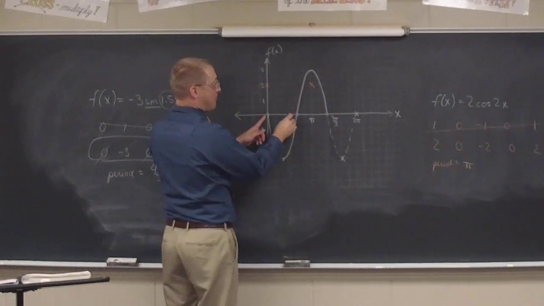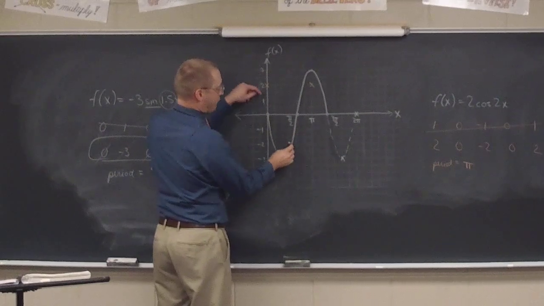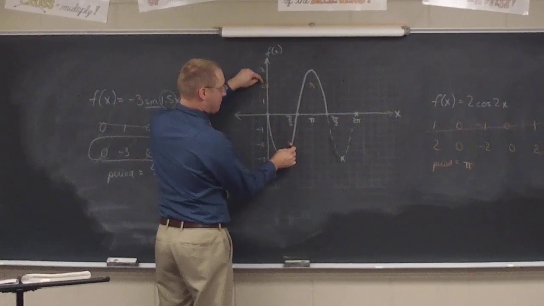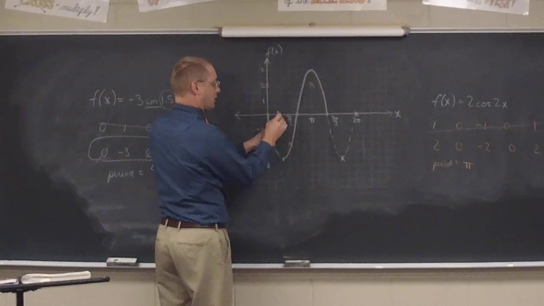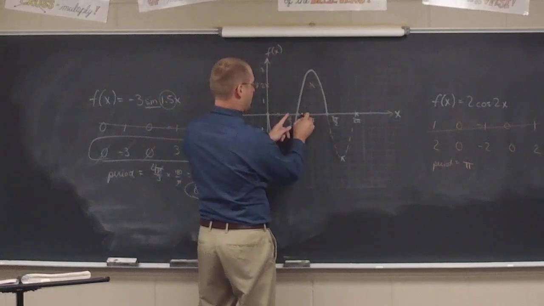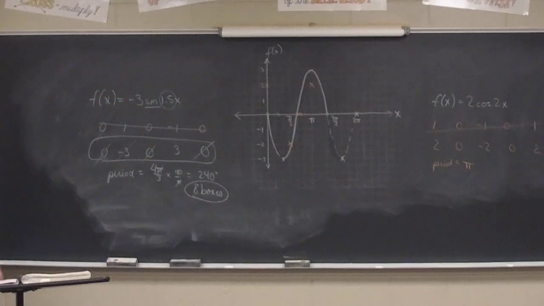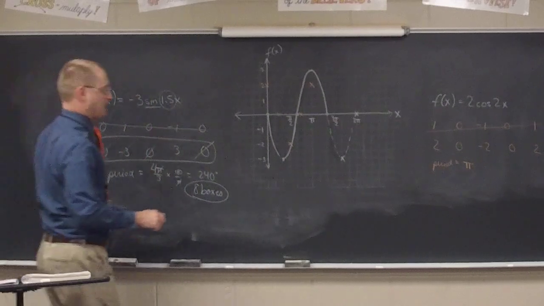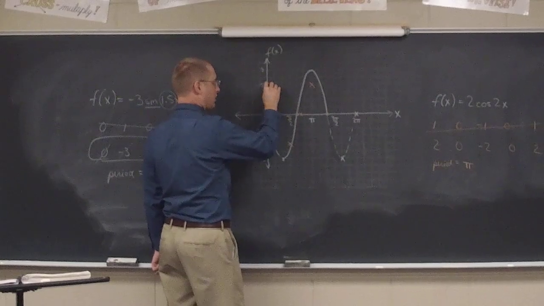Halfway in between, which will be pi over 2, I have to be down at -2. Halfway in between these, I'm going to be at 0. Now, halfway in between is going to be right here, a box and a half over. And then the other halfway is going to be right here. Again, don't go straight V. You're going to have a little bit of curvature down.